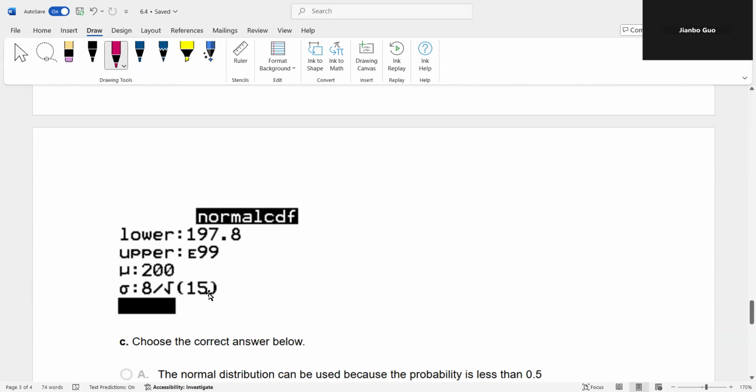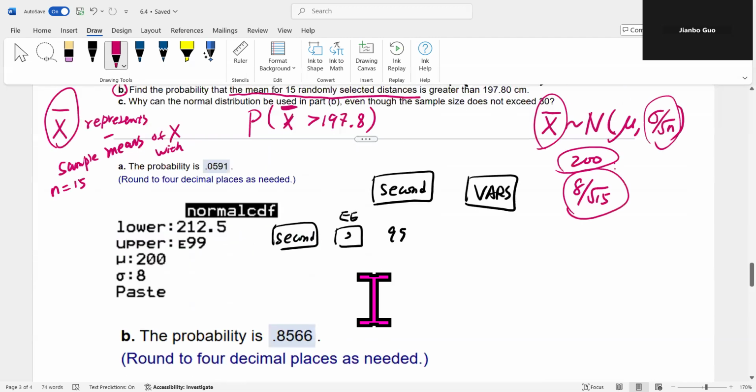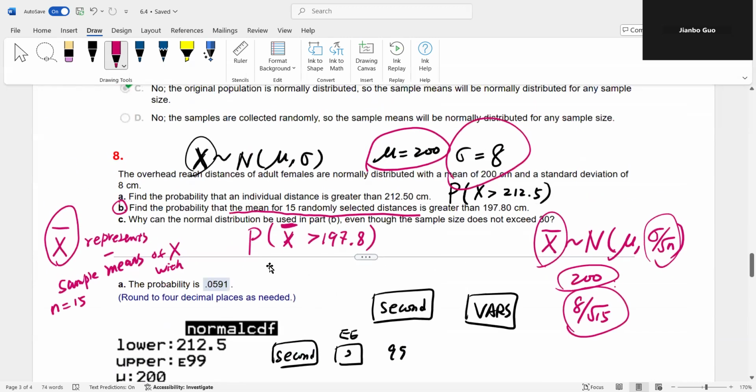You need to modify the value for sigma for the sample means, which are represented by the variable X bar here. I hope this is clear. Part B is the application of the central limit theorem. Be aware that if you are applying the central limit theorem, you need to adjust the standard deviation for X bar. It's not sigma anymore. It's going to be smaller than that. Divide the population standard deviation by the square root of the sample size.